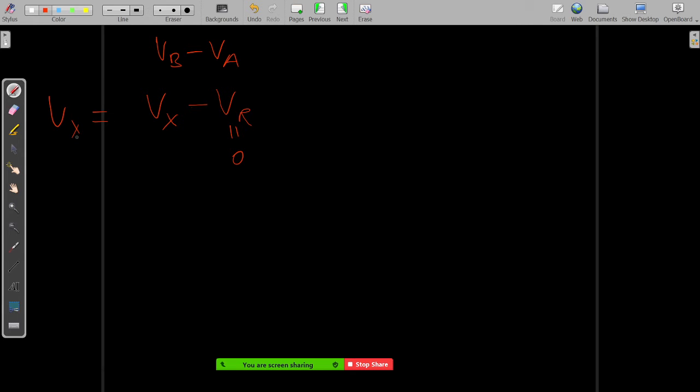Vx, potential of a charge at a particular distance, whatever the distance is, the final position. Uncle, can you repeat? See, we want to calculate the potential of a charge. Just forget about this ABCD if you're getting confused. We had seen in the previous one, we took infinity as the reference point.